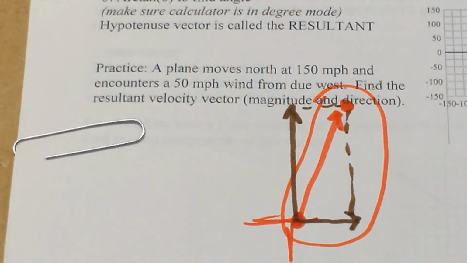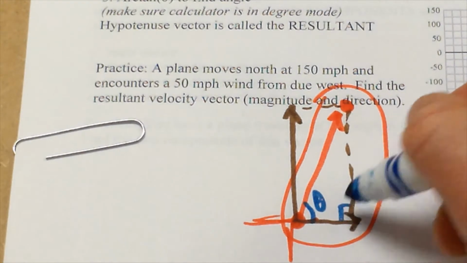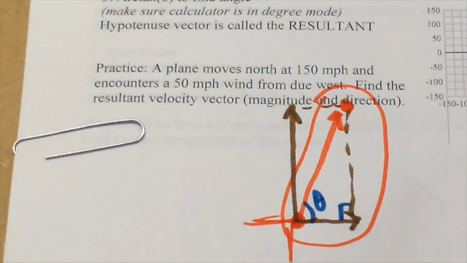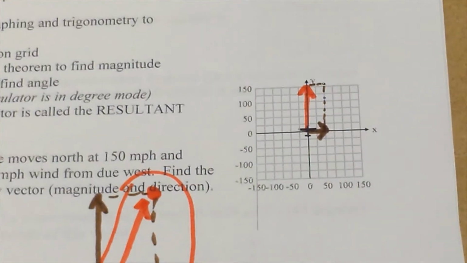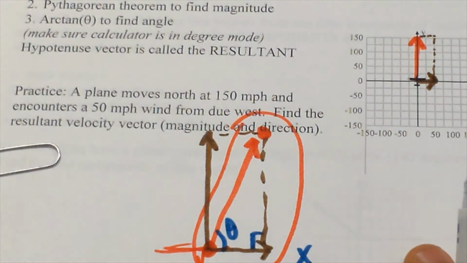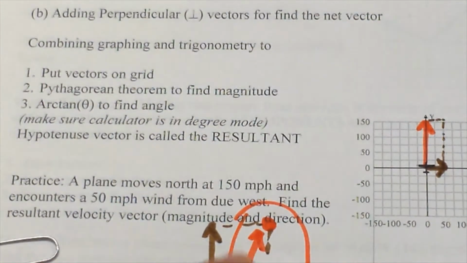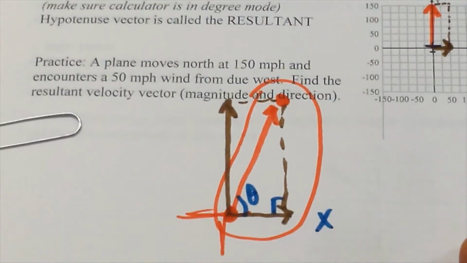And what we've got then is a right triangle. See, there's your theta. There's your right triangle here. And we always measure the angles from the x-axis. There's your x-axis. And the hypotenuse would really represent the true motion of the airplane.